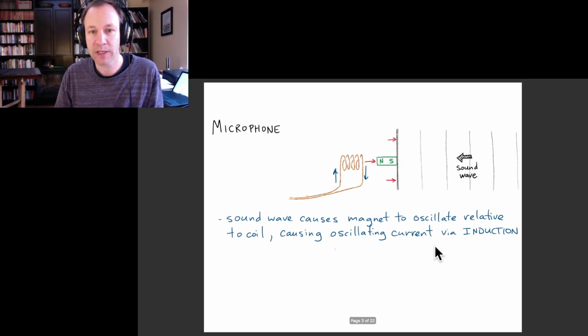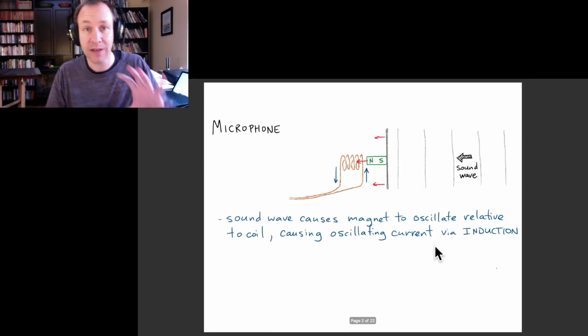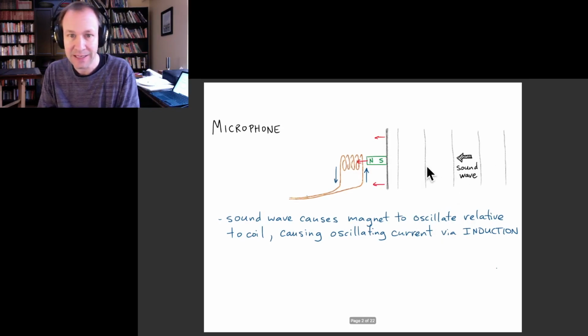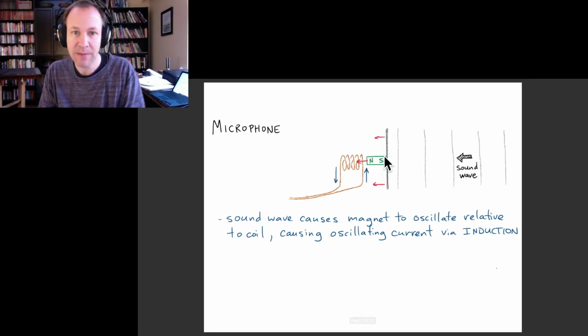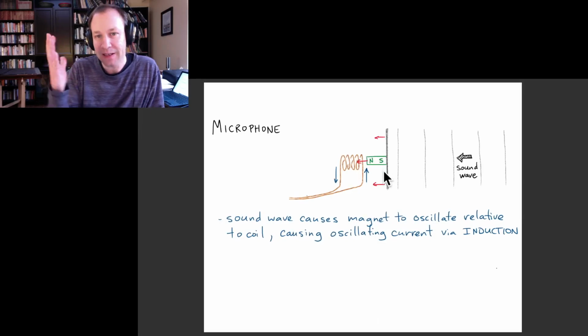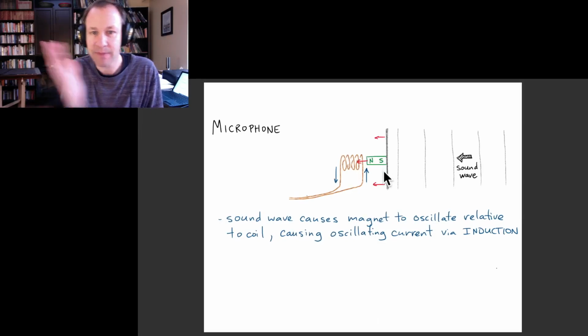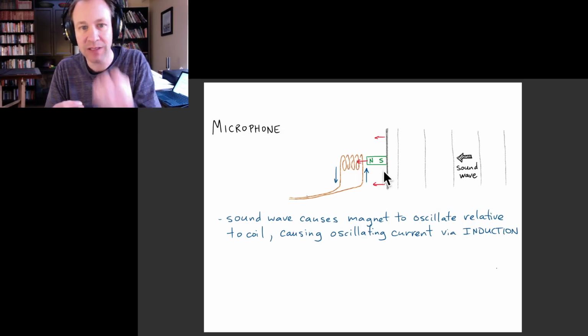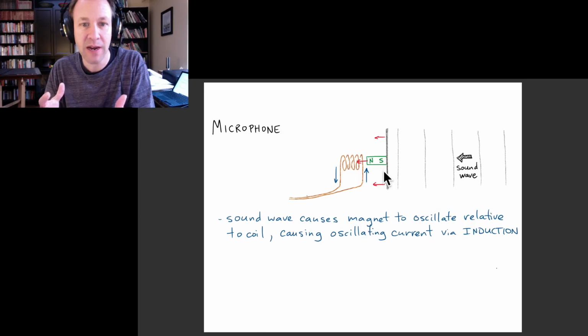And so that worked by this process of electromagnetic induction when you have a dynamic microphone. So the sound wave is incident upon some kind of a membrane. The pressure in the sound wave causes the membrane to move, and then that causes the motion of a magnet relative to a coil of wire.